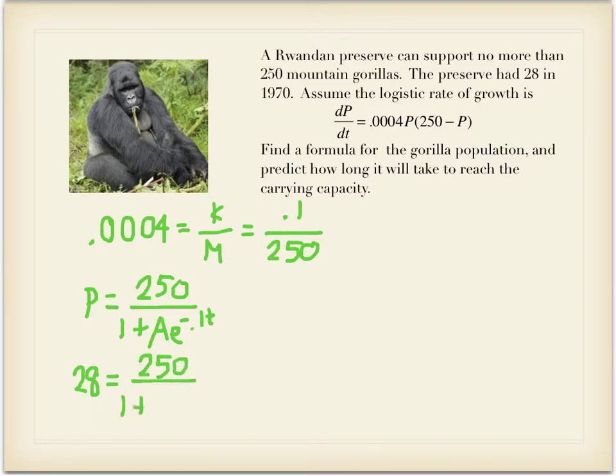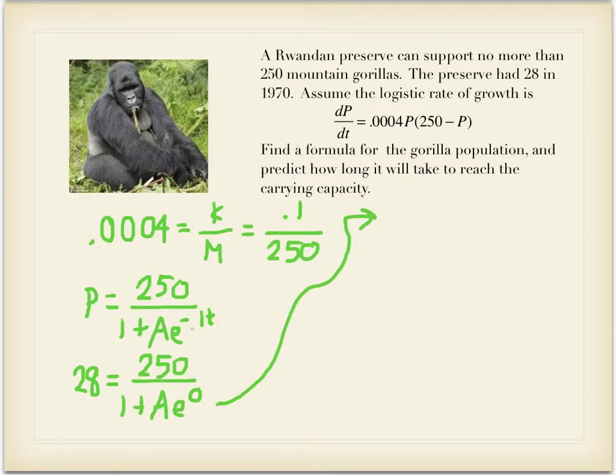So this is 1 plus A times e to the 0 because time equals 0. Now, what do you know about anything to the 0 power? It is just equal to 1. So we really just have 1 plus A in that denominator.